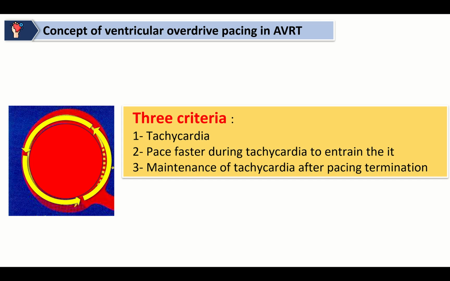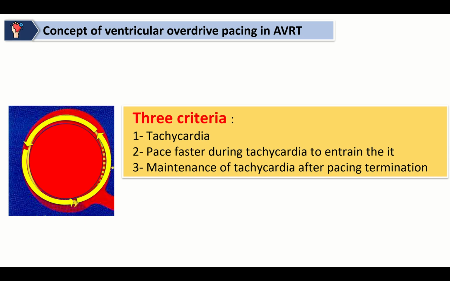As we know, in orthodromic AVRT, it is a re-entry going orthodromic through the AV node and retrograde through the accessory pathway. The re-entry is ongoing, so this is the tachycardia. Then let's start pacing from the RV slightly faster, 10 to 40 milliseconds faster than the tachycardia cycle length.